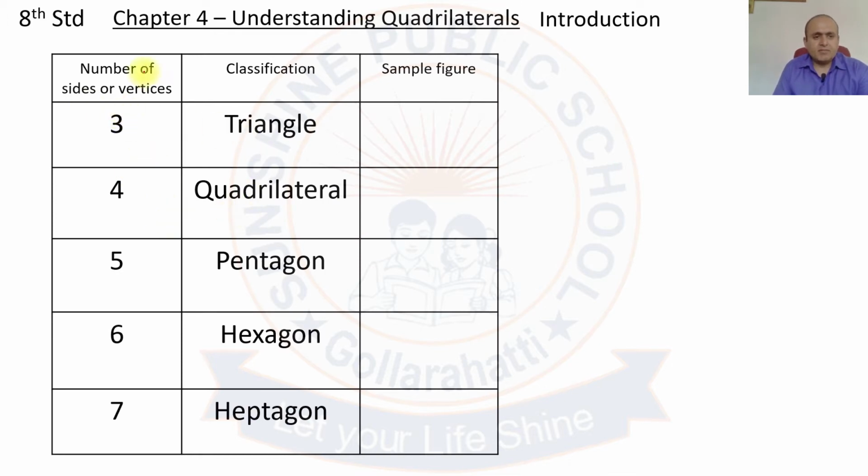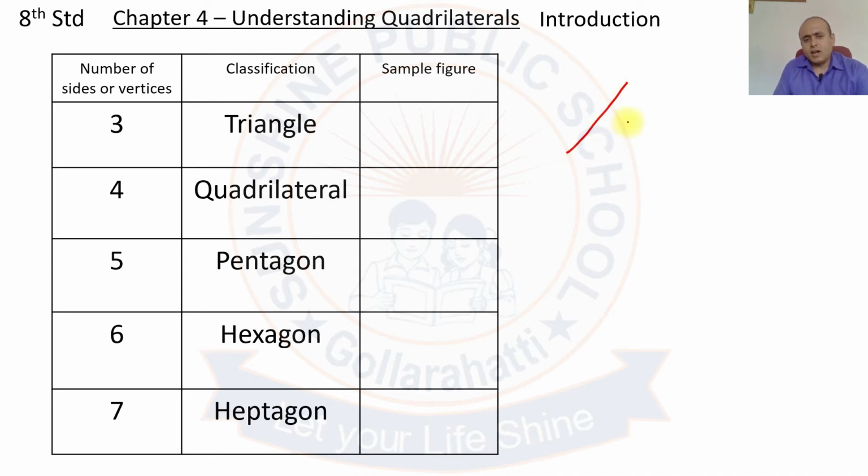Let us see the table and understand about polygons. Here I am taking the number of sides or vertices and the name we give for the number of sides in a simple figure. A three-sided figure, or a figure with three vertices, we call a triangle. A single line we will not call a polygon, because it is not a closed figure.